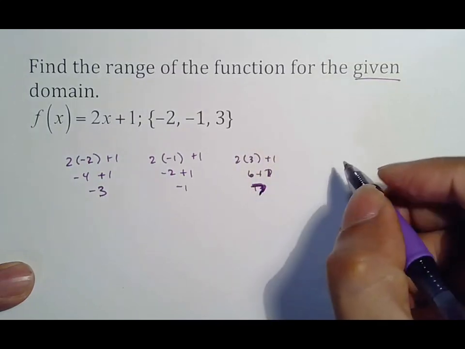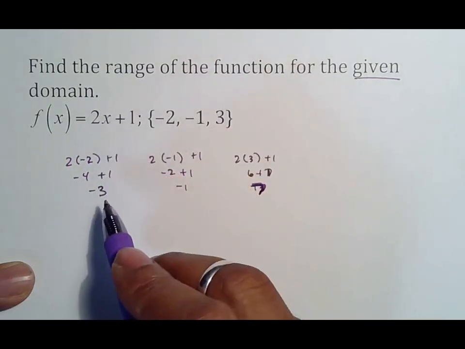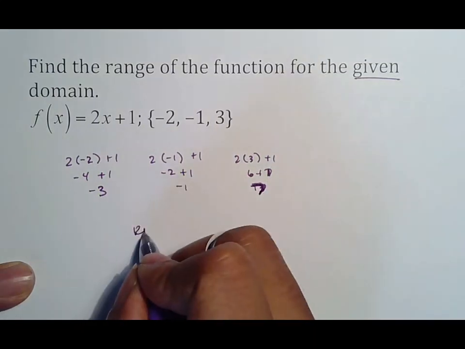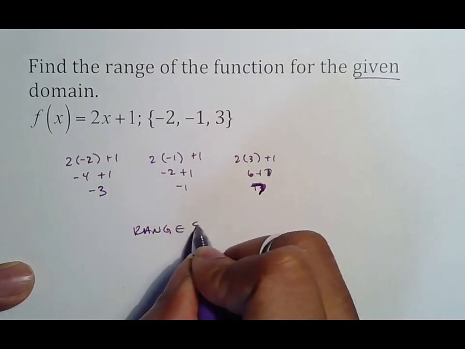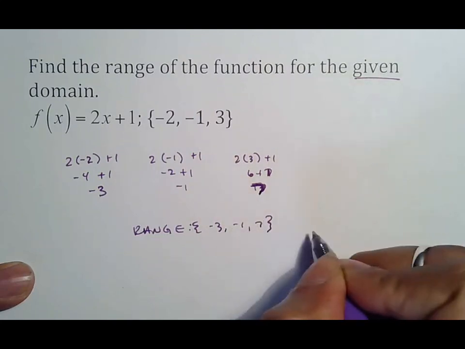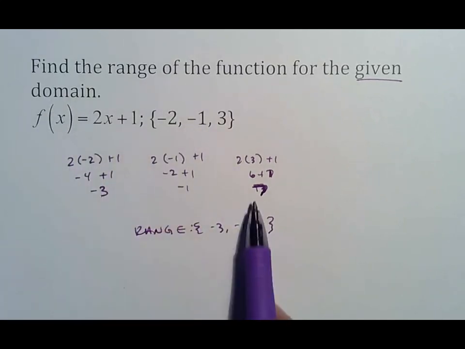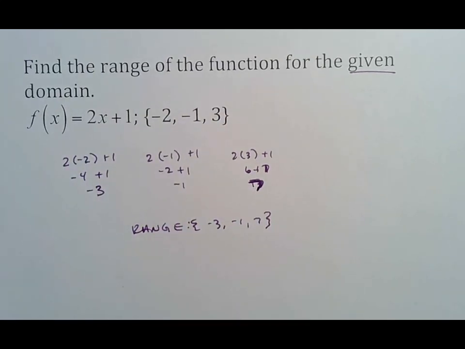I was working ahead of myself. Anyway, those were my input values, which was my domain. These are my outputs, which are my range. So my range should just be the values that I got, which is negative 3, negative 1, and 7. And that's it. So if I gave you the input values, tell me what the output values are, and that's all it wanted you to do.